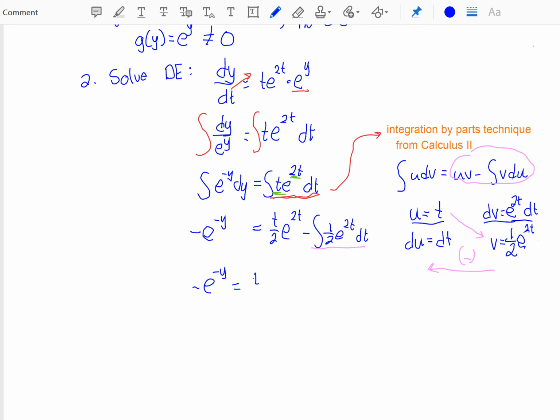Right-hand side will be t over 2 e to the 2t minus, now the antiderivative of e to the 2t is still going to be e to the 2t. But again, from our previous work, we know that the antiderivative of e to the 2t is 1/2 e to the 2t. And there was already another 1/2 in front, so now 1/4. Plus our arbitrary constant.